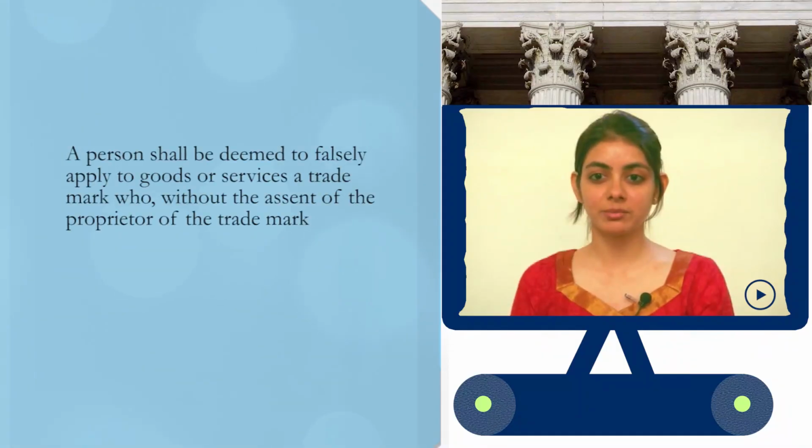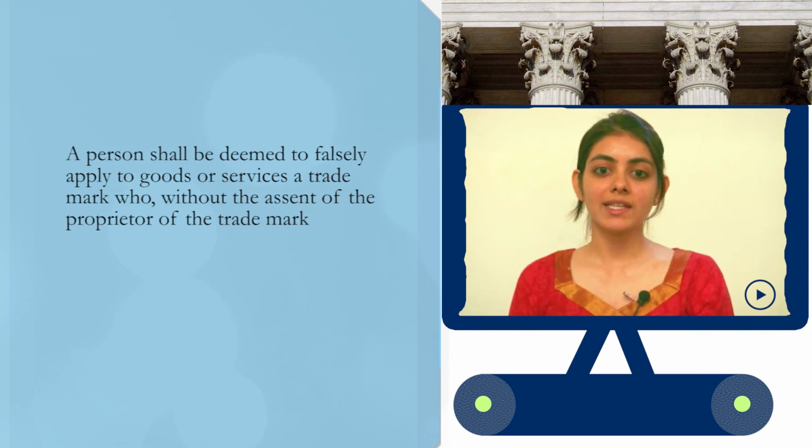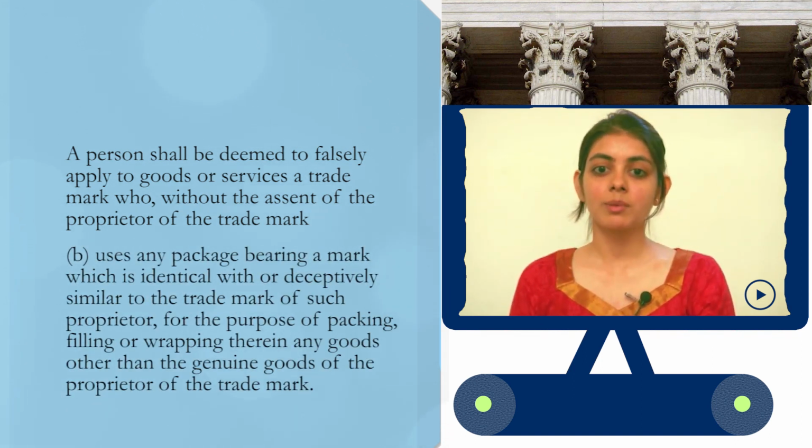A person is also deemed to falsely apply a trademark when such person without the consent of the proprietor of the trademark applies such trademark or a deceptively similar mark to goods or services or any package containing goods, and uses any package bearing a mark which is identical or deceptively similar to the trademark of the proprietor for the purpose of packing, filling, wrapping goods or services other than those which are genuine products of the proprietor.